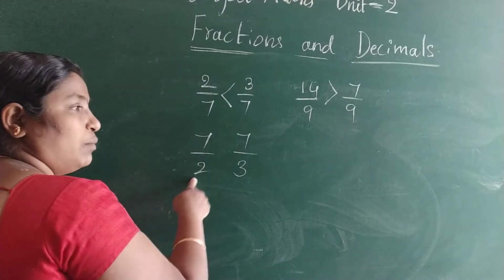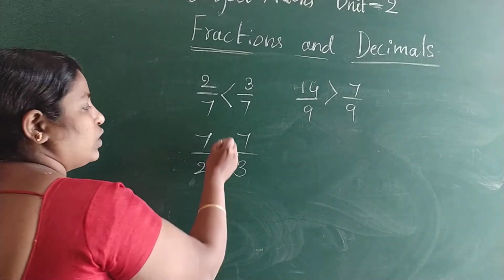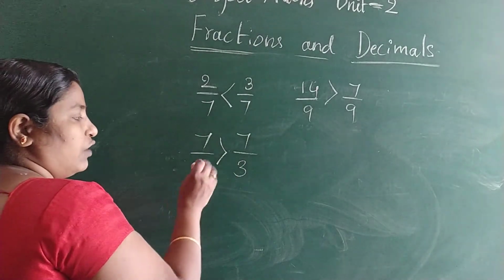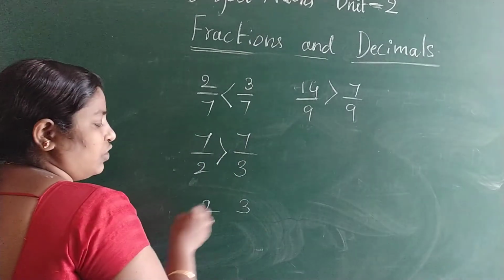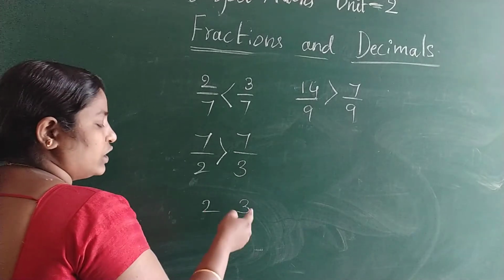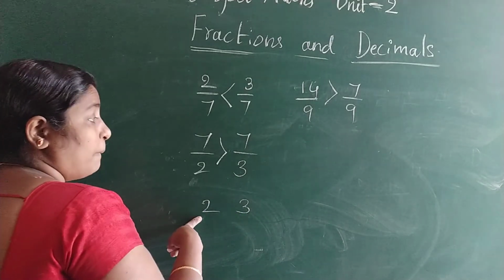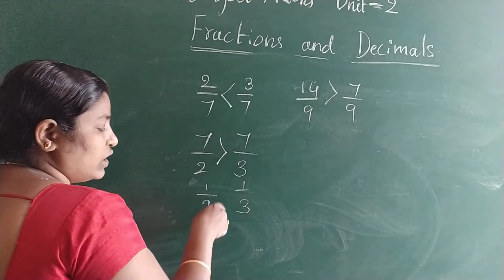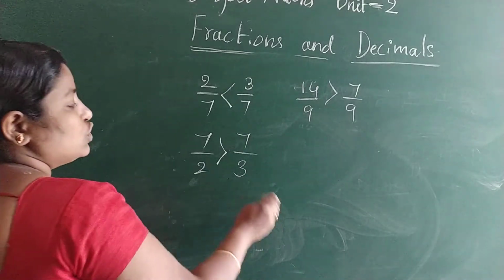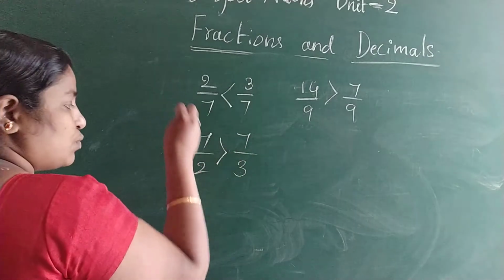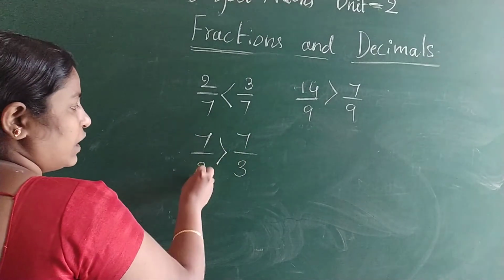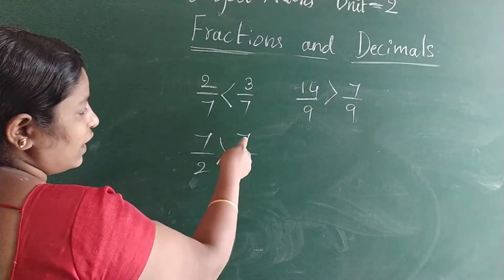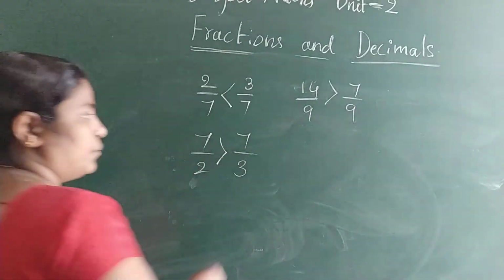Which denominator is smaller, that fraction is bigger. Now, if you consider 2 and 3, 3 is bigger than 2. But this is in the denominator now. So in this case, the smaller number gives the bigger fraction. Now 7 by 2 is bigger than 7 by 3.